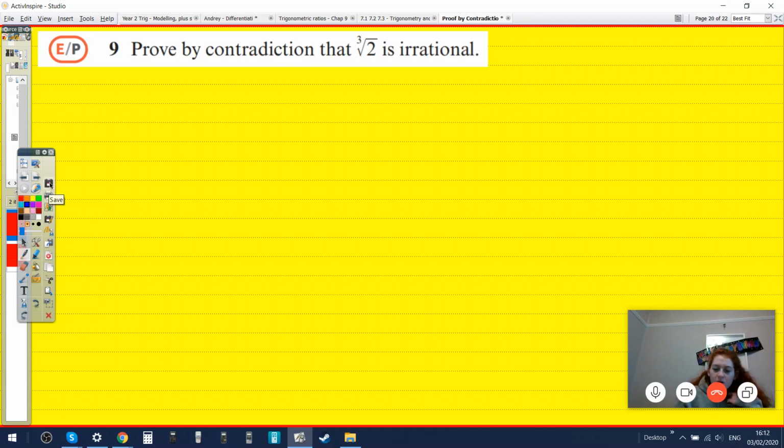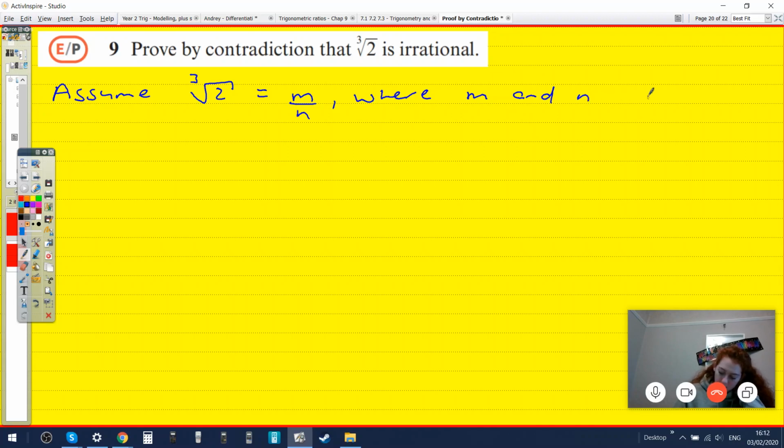So would we assume that it would be rational and be put into m over n? Yeah, so we assume that the cube root of 2 is equal to m over n, where m and n are integers with no common factors.